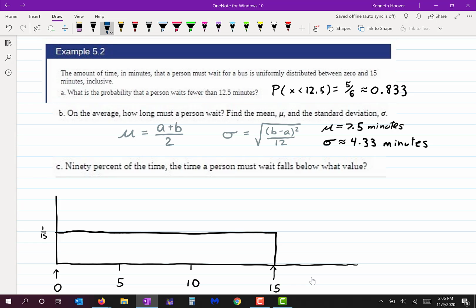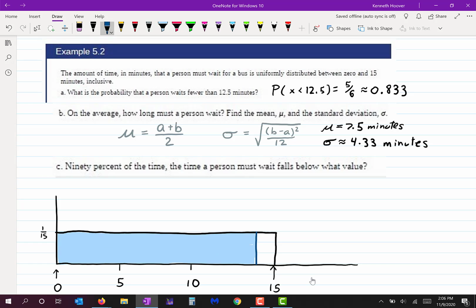They're saying that if you start at 0 and you go across until this area equals 0.9, where would that shaded rectangle stop? That's what they're asking.